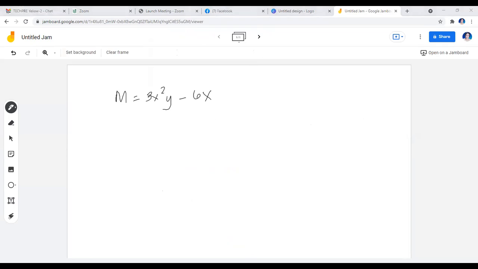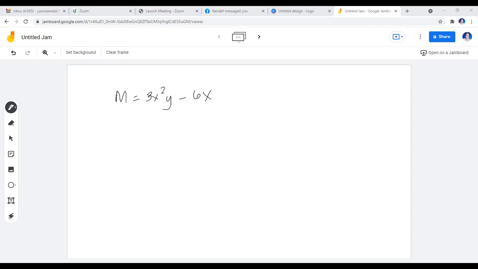Your N is x cubed plus 2y. X cubed plus 2y.